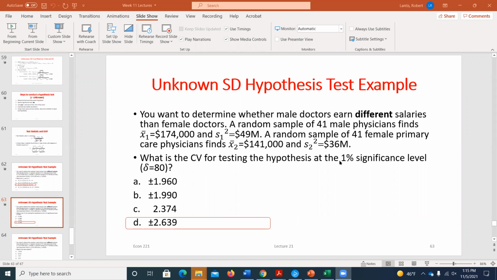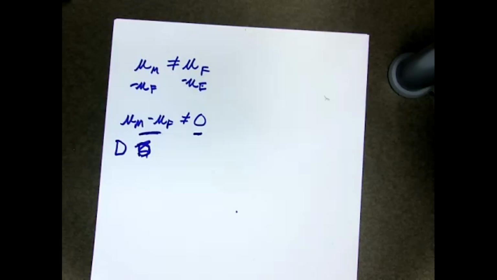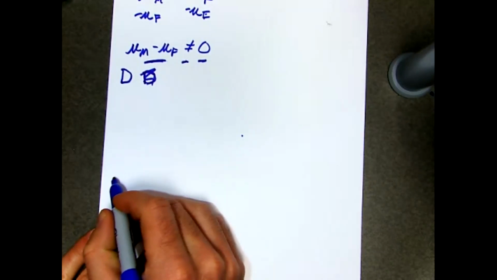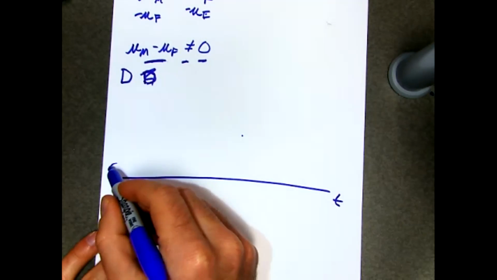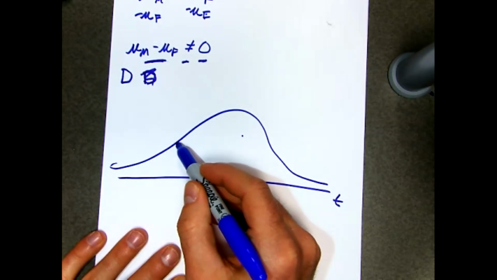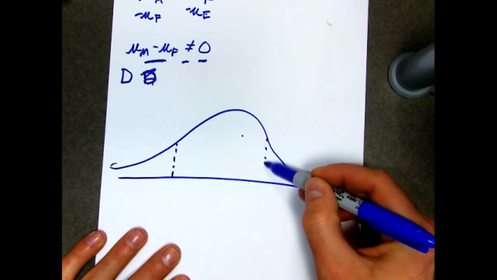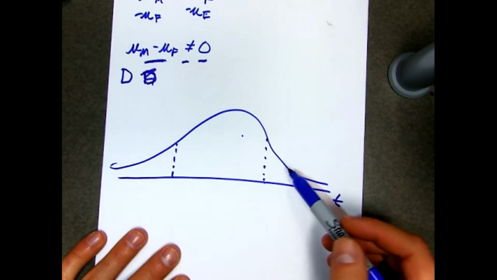So what would the critical values be for the 1, 5, and 10% level? Well, if I've got a two-tailed test, right away, I should have been able to rule out C. Because we said for a two-tailed test, which is, we have a not equal to sign here, we're going to be looking for the T values that give us alpha total in the tails.